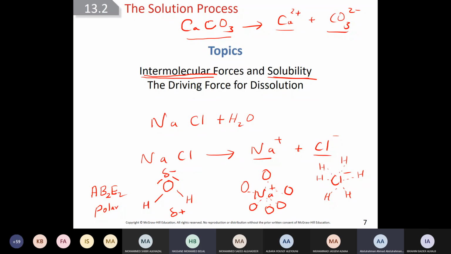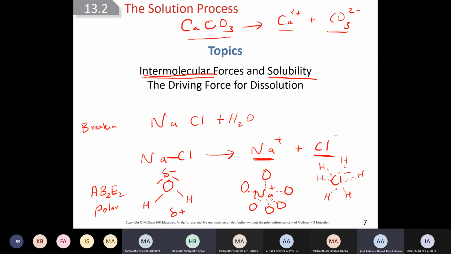Okay, when you dissolve NaCl in water, you are breaking the bond between Na plus and Cl minus, and you are making bonds between oxygen and sodium, and water and sodium. Same thing with chlorine and hydrogen. All right, listen carefully now. You are breaking bonds, and breaking bonds is always what? Exothermic or endothermic? Exothermic.